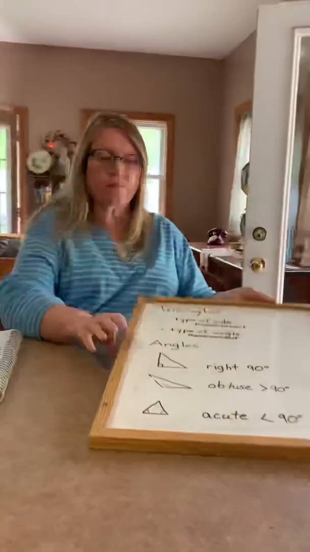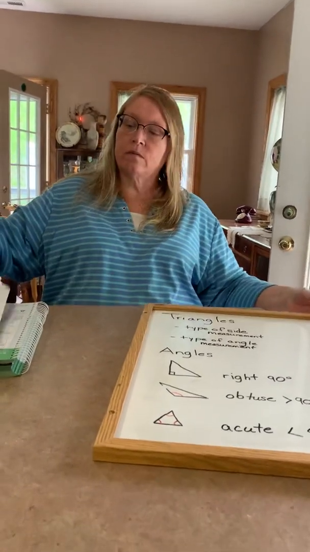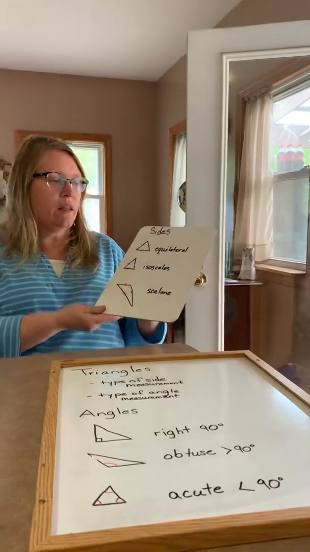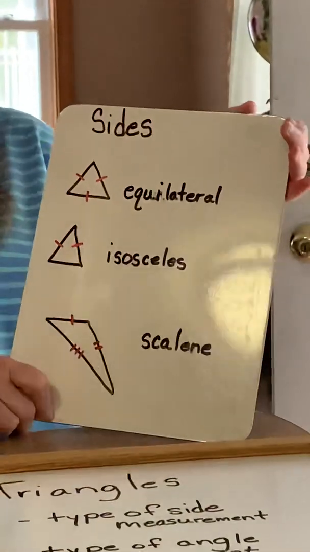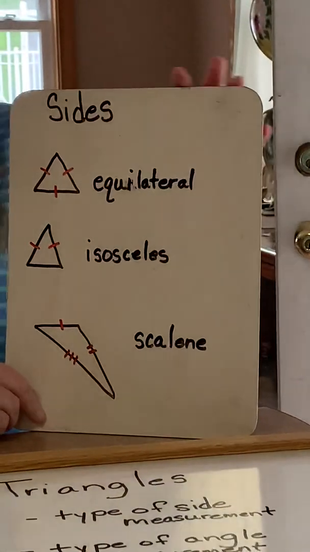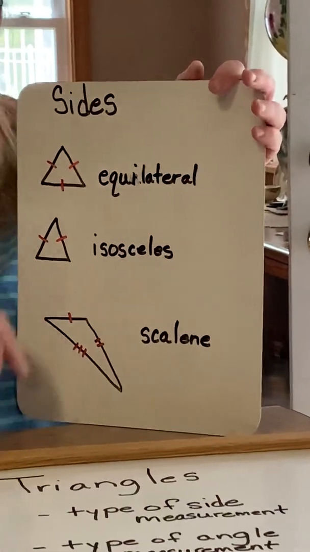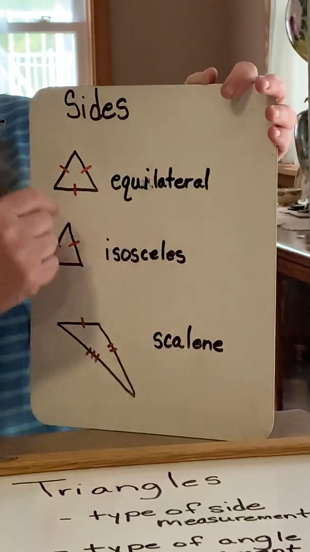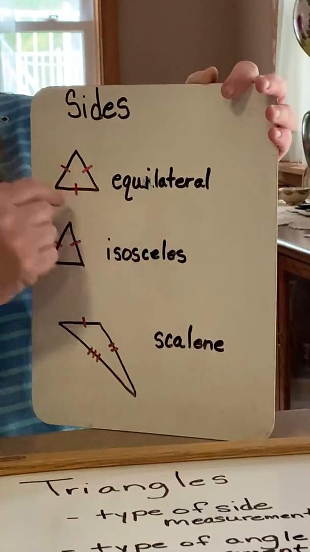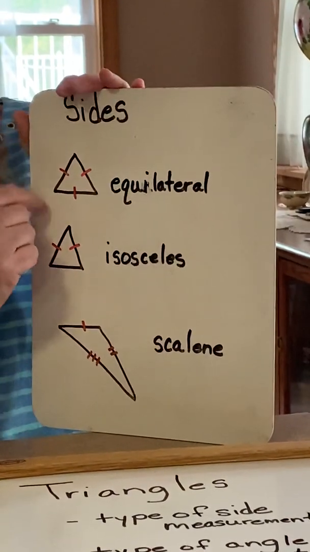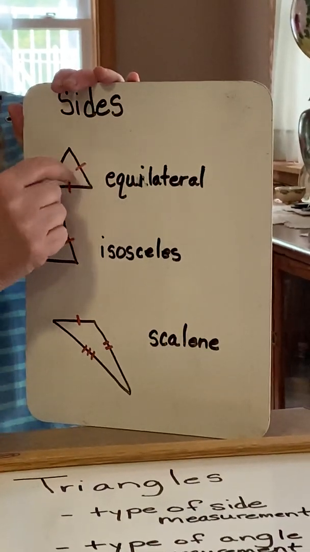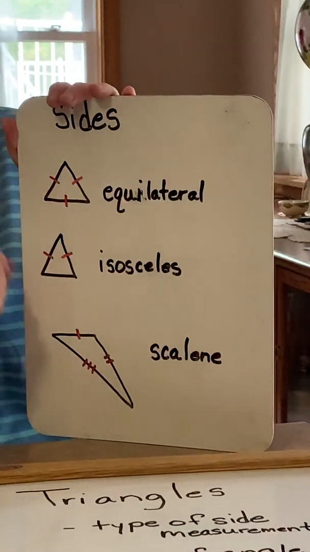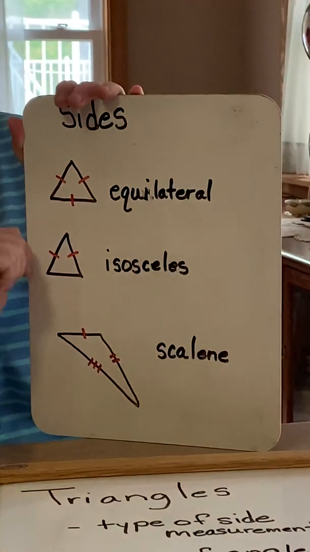Then you do the other way to identify it, which is by the measurement of the sides. When you have a triangle that has all the sides the same measurement length, that's why you see one red line through every side, which makes you understand that each one of those sides is equal.